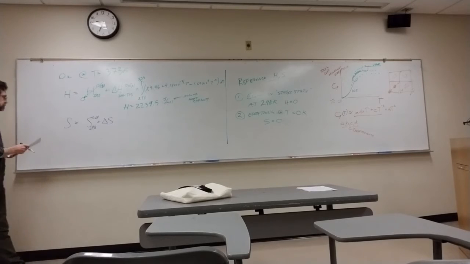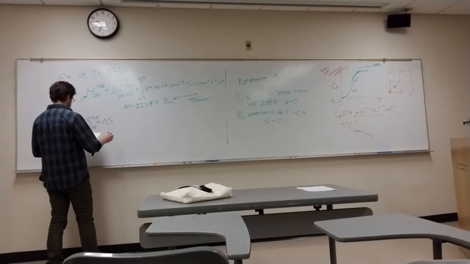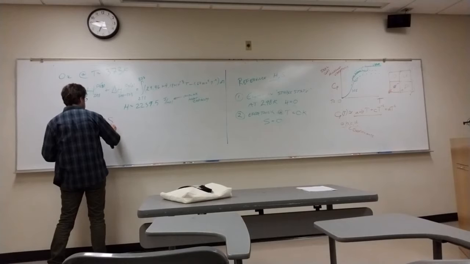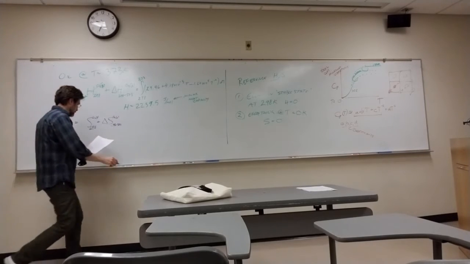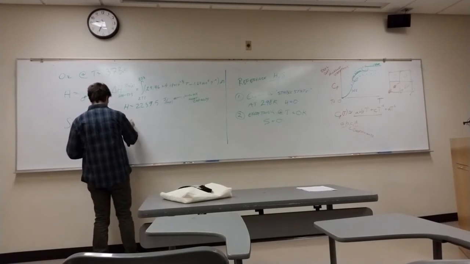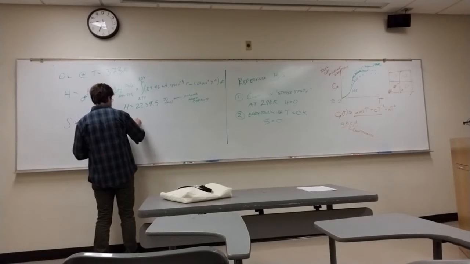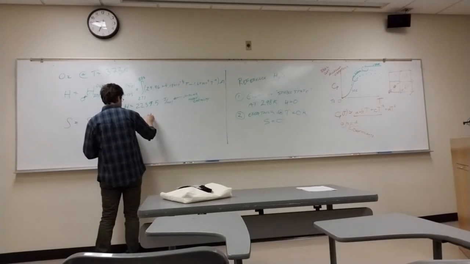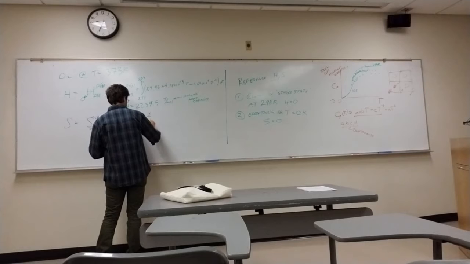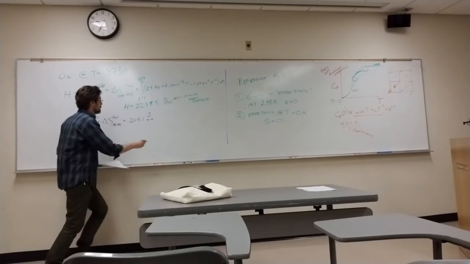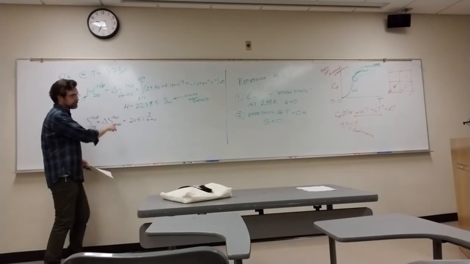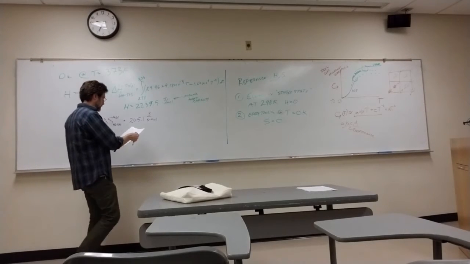So this is 298 to 373 O2 gas. This happens to be 205.1 joule per Kelvin mole. Right, so the units have to have a Kelvin in there.